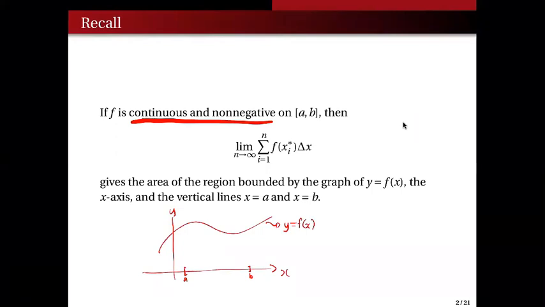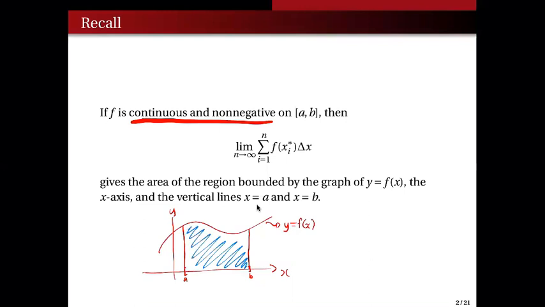We take the vertical lines x equals a here, and x equals b here. And of course, this is the region that we are interested in.